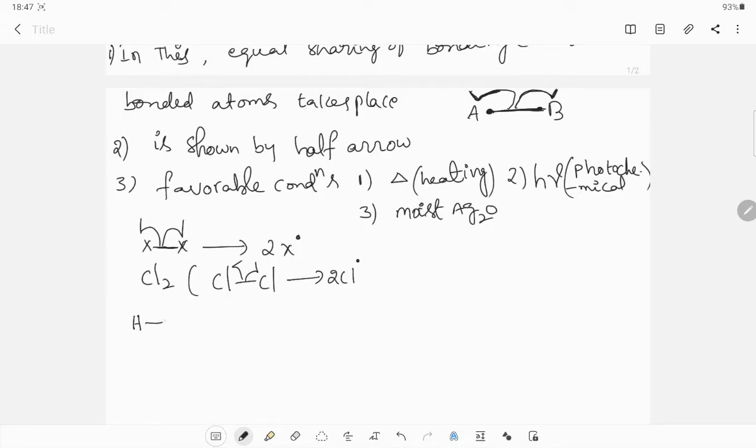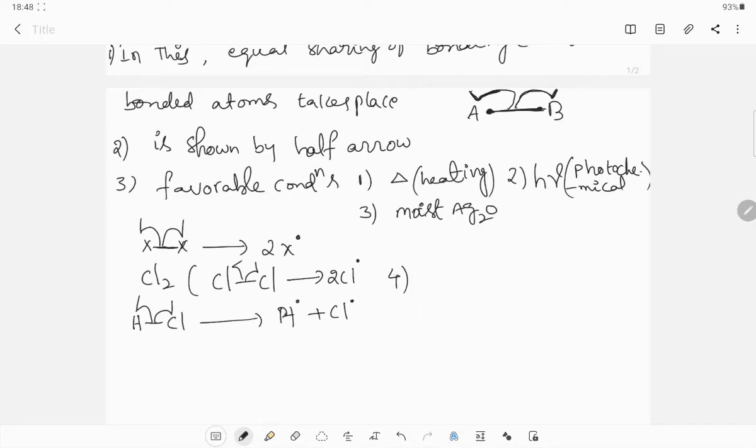And the second example: if I take hydrochloric acid, homolytic fission is indicated with a half arrow. Then one hydrogen radical and one chlorine radical will be formed. These are the main points we need to observe in homolytic fission.